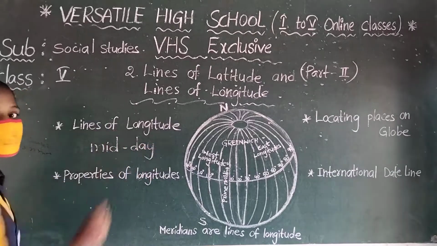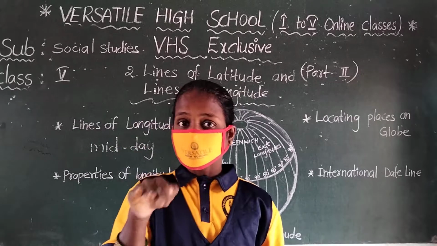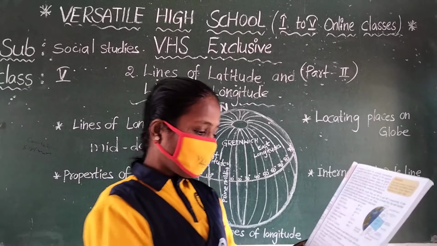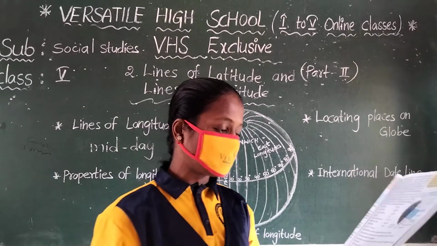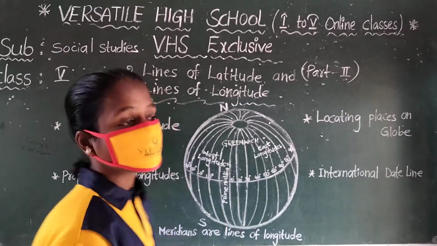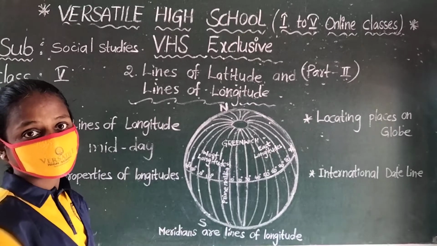Midday means if you divide the total day, the midpoint is called midday. Hence a meridian of longitude joins places that have midday at the same time. That is called a meridian.